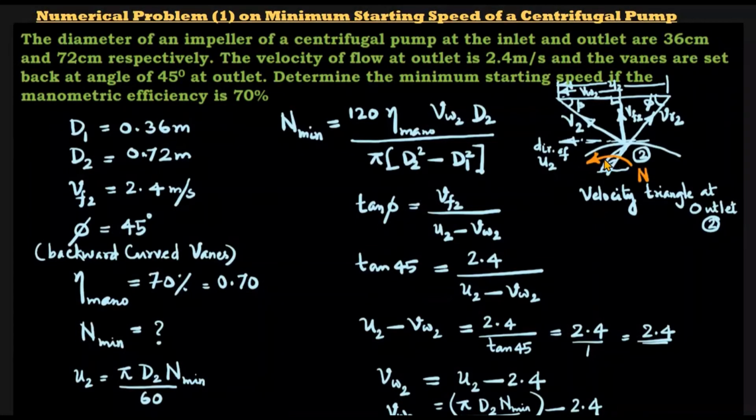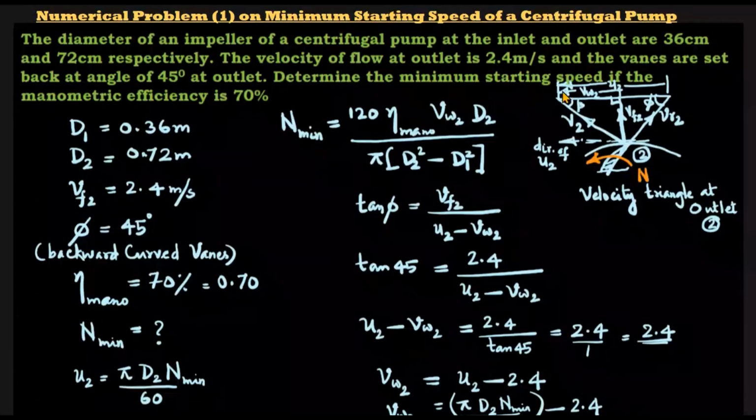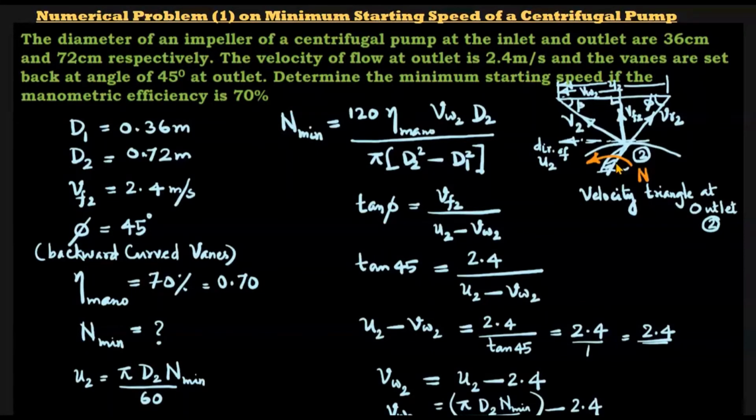This is the velocity triangle at outlet for the backward curved vane, and if you take tan phi from this triangle, this is the opposite side, VF2. The adjacent side is this much. So tan phi is VF2 divided by the adjacent side, which is U2 minus VW2.